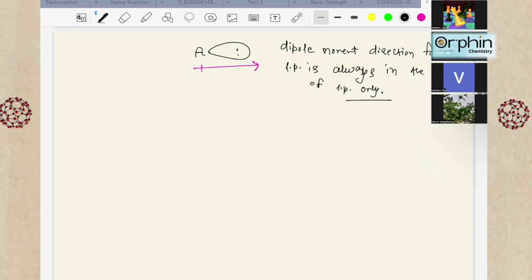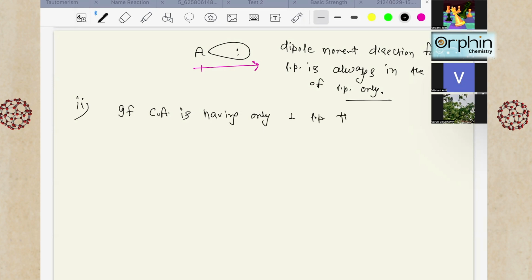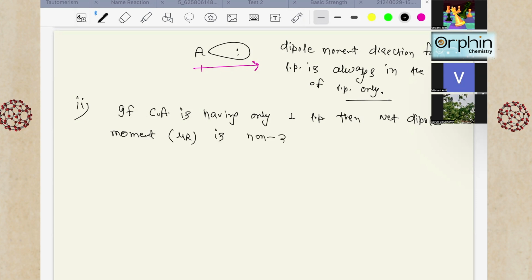So this is another case which we have covered. If the central atom has only one lone pair, then the net dipole moment, mu R, is always non-zero, or the geometry is polar, right?